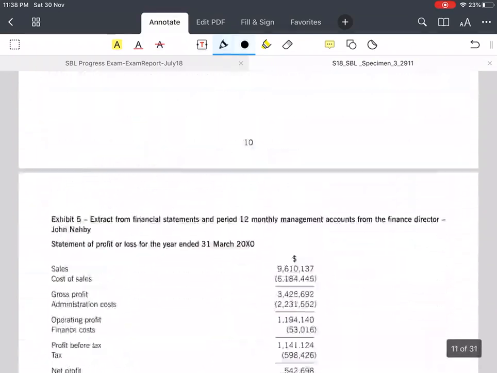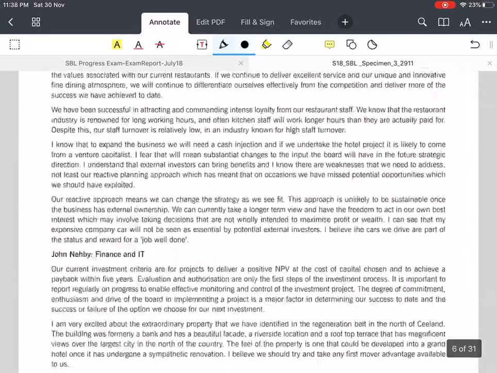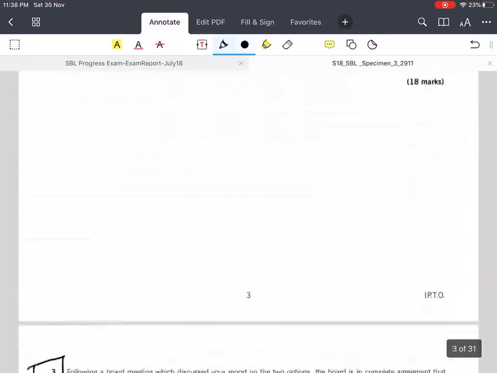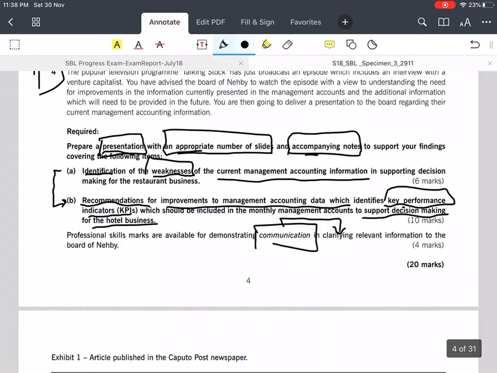Then we were supposed to identify key performance indicators. Now if you go back to your performance management paper, you may get an idea of how to recommend key performance indicators. If you look at the balanced scorecard, you can also apply the balanced scorecard and pick at least 2 KPIs from each of the 4 perspectives, like the financial perspective.